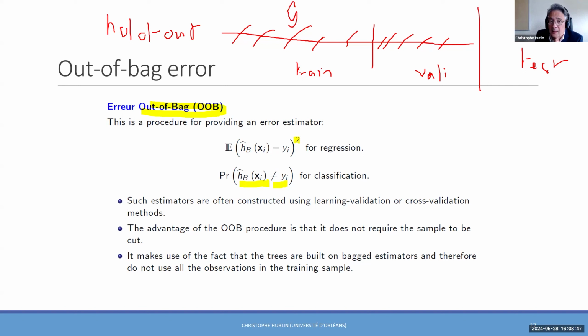And then you apply this model on the validation sample to compute a cross validation error, a kind of out of sample error, okay?